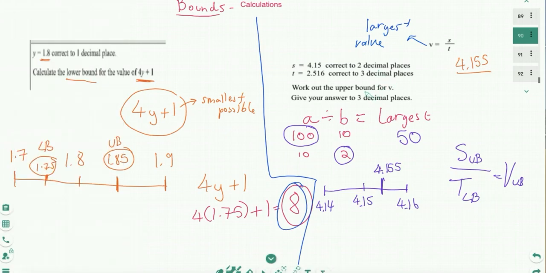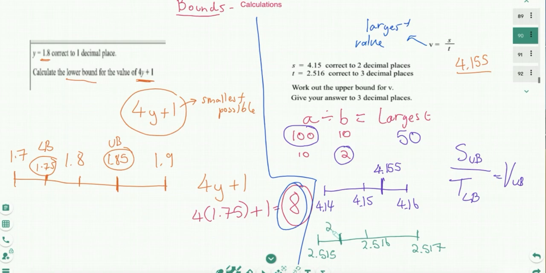So let's get our number for T, 2.516. It's correct to 3 decimal places. So 1, 2, 3. This is the third decimal place. This is called a thousandth. So I'm going to add and subtract a thousandth to both sides, 2.517 and 2.515, and I want to find the lower bound.